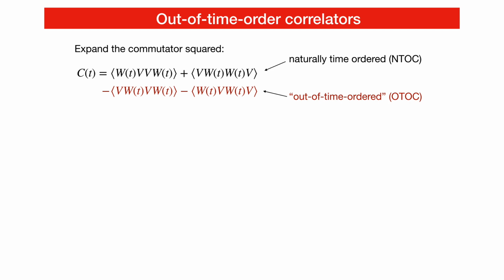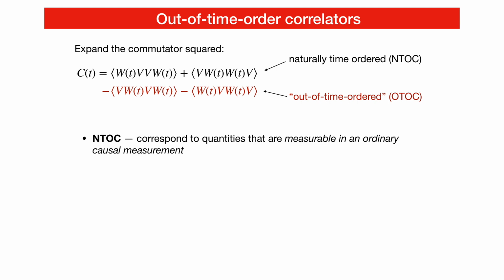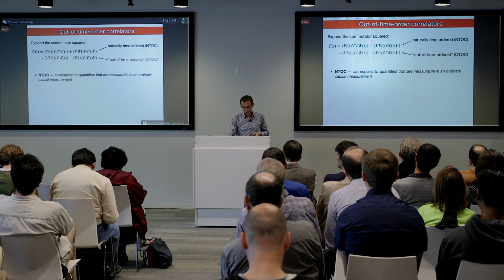So if you expand that commutator, you get 4 different terms. The first line are the so-called naturally time-ordered correlators. These are correlators that correspond to reasonable quantities that can be measured in an ordinary causal measurement. You perturb the system, you measure something, and they correspond to these naturally time-ordered correlators.